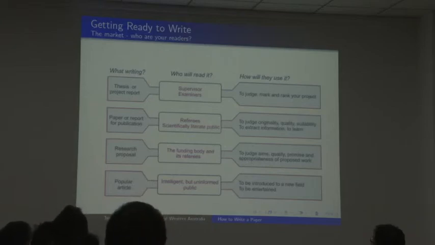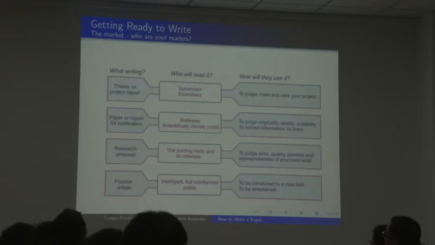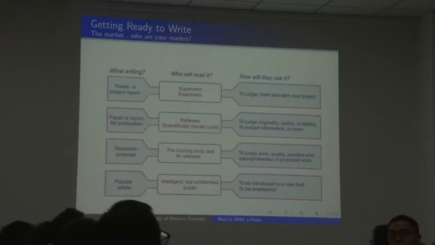They are going to judge on quality of the paper, quality of the information, technical arguments that you are presenting, suitability to publish in a particular journal, to extract information and to learn from that. So they want to know about the originality, they want to learn something from that. We need to understand this is what they're looking at, so that as a writer, we can provide that.